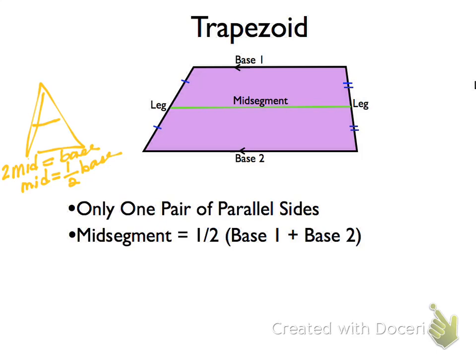In here, a mid-segment is equal to half the two bases added together. So we're basically just averaging the top and the bottom added together. Alright?